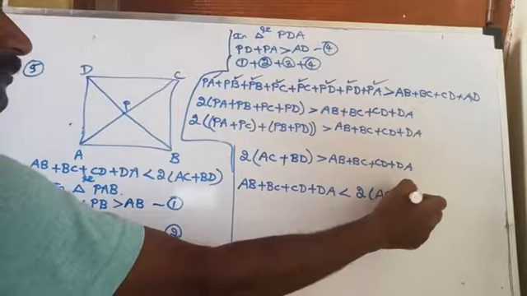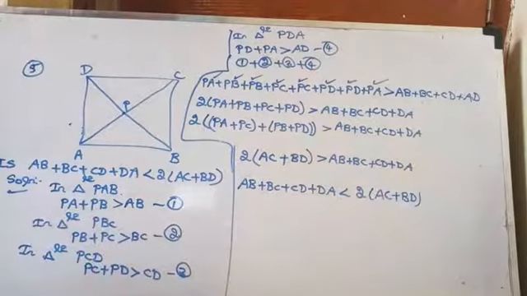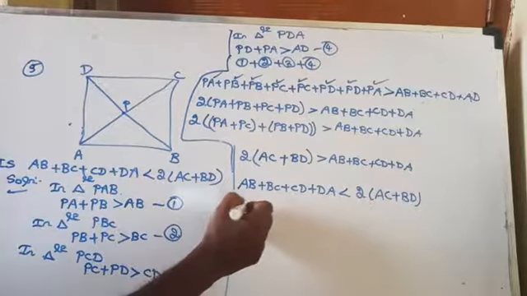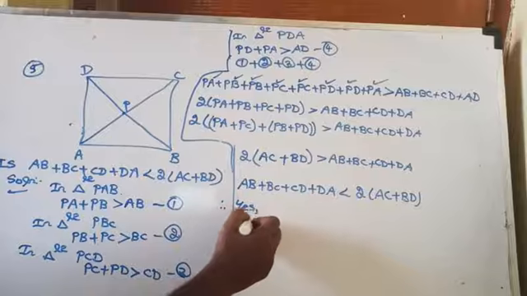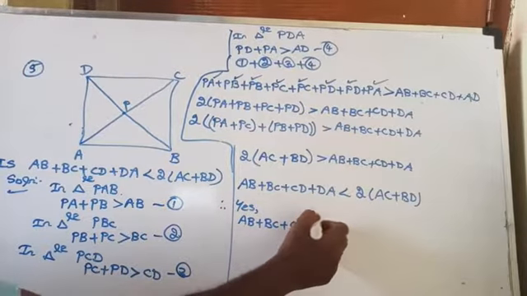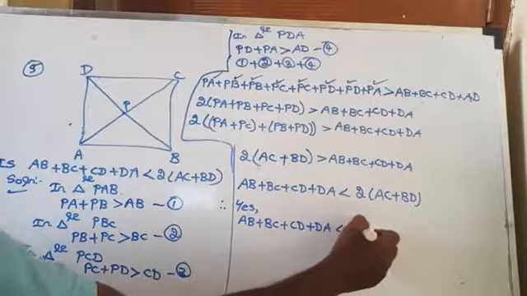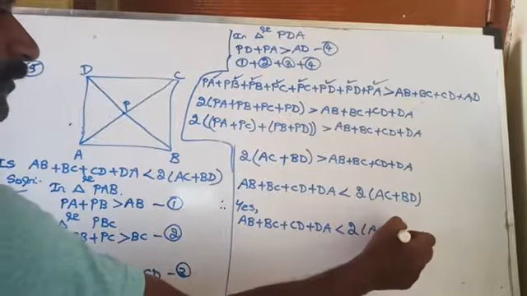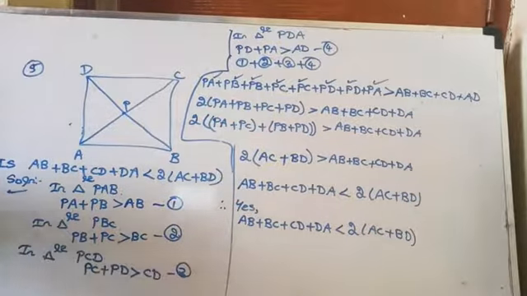Therefore, AB plus BC plus CD plus DA is less than 2 times AC plus BD. Are you getting it? Yes, it's very simple.